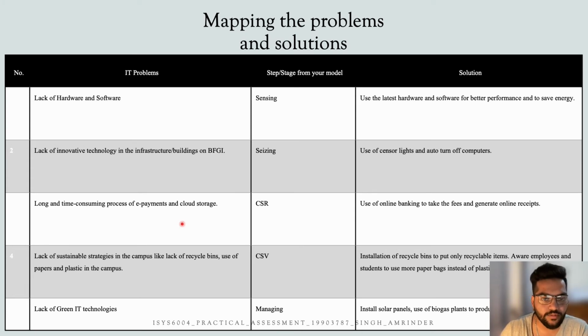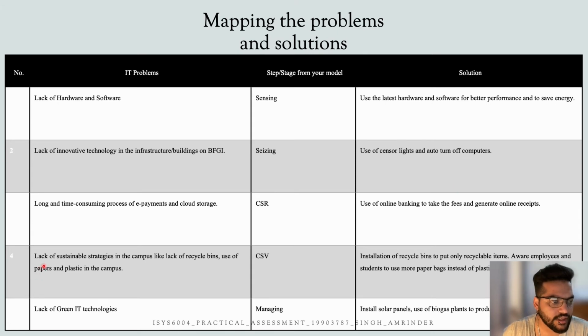If any student wants to pay their fees, they need to pay through cash, and the accounts department gives them paper receipts. To overcome this, the institute should use an online banking system to make the payments electronically, and the system will generate the receipts without using any paper, and these receipts will be sent to the students' accounts electronically.